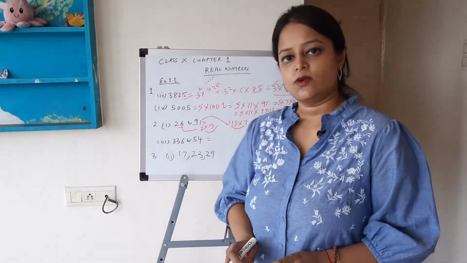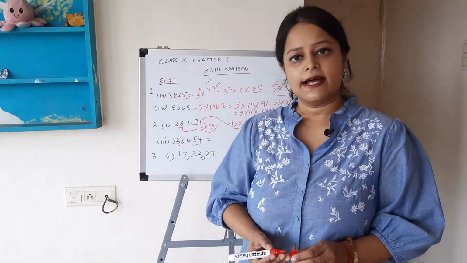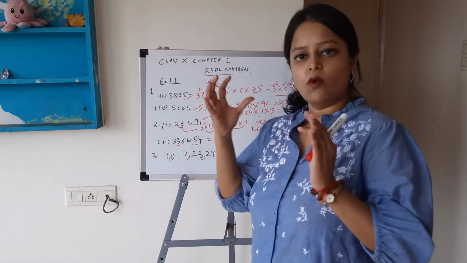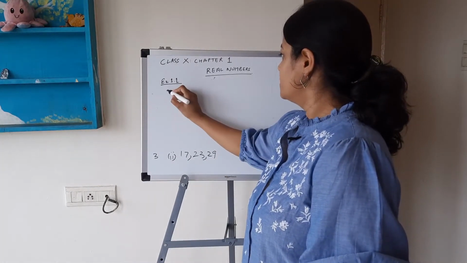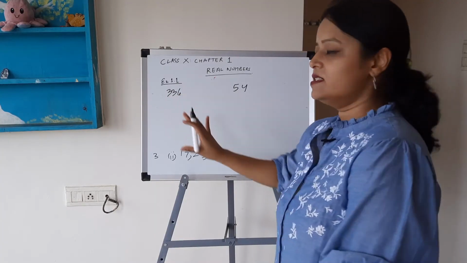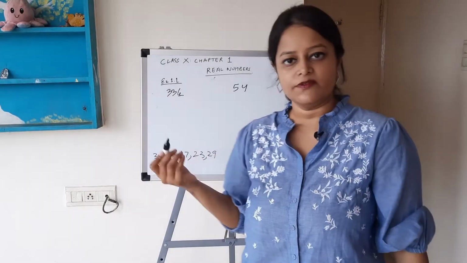Similarly, now the next question, 336 and 54. We'll first express it as a product of its primes. So probably I should show this in more detail. The numbers were 336 and 54. I'll again show how my mind works. 6 is there, right? So it is obviously divisible by 2.